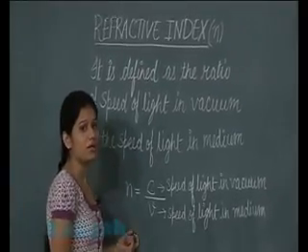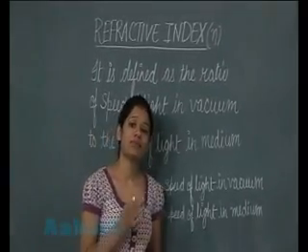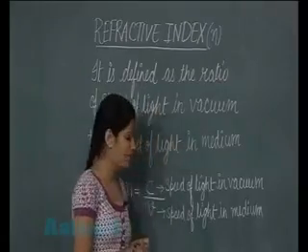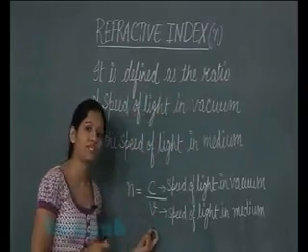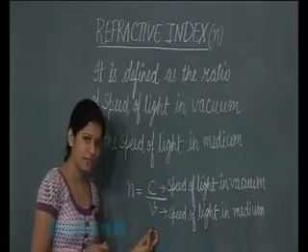Now students, we know the denser the medium, the lesser will be the speed of light in the medium, and we know refractive index is inversely proportional to the speed of light in the medium.